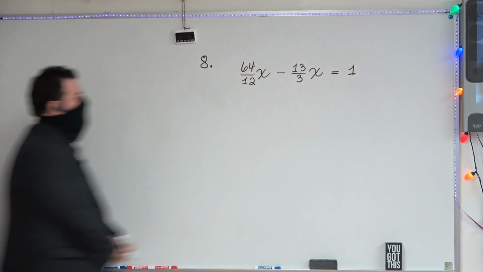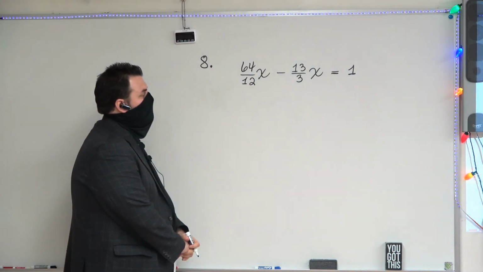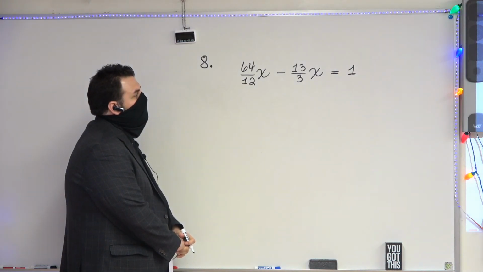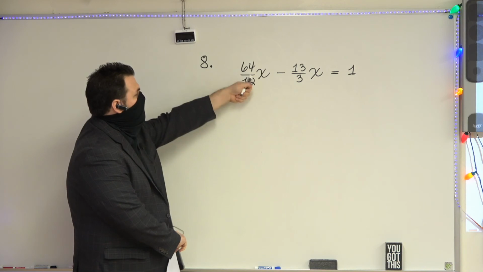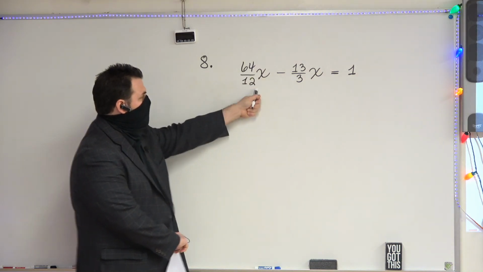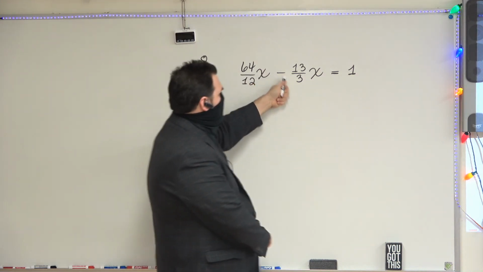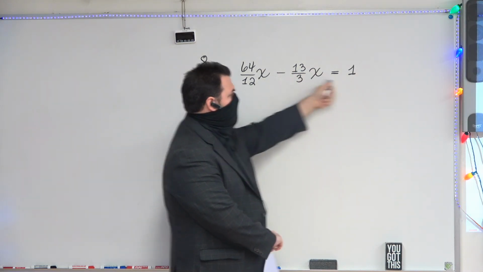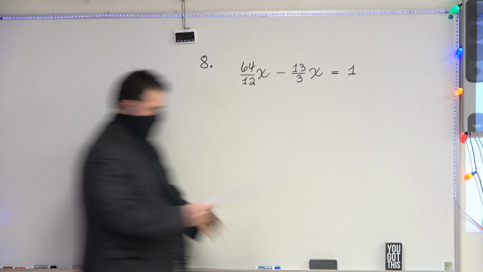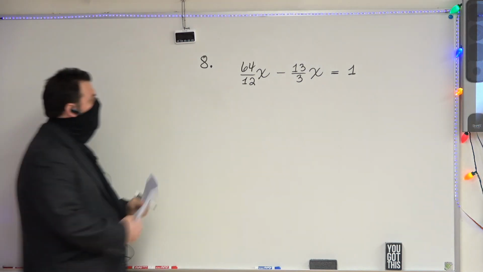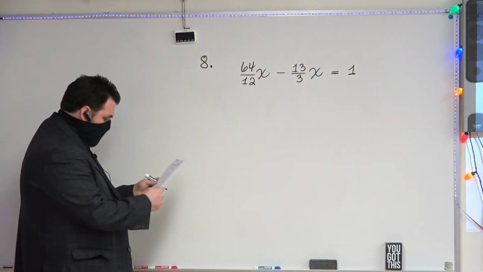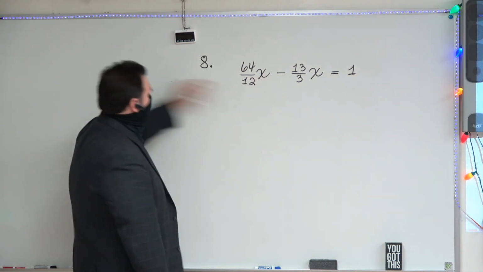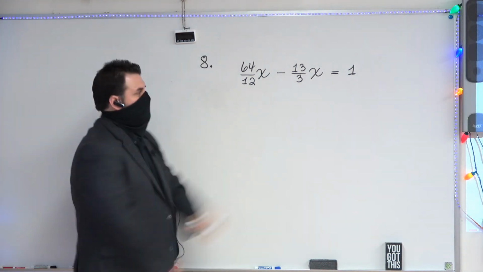Uh-huh. 64 línea 12 x menos 13 línea 3x es 1. All right. So we have to find a common denominator between 12 and 3.